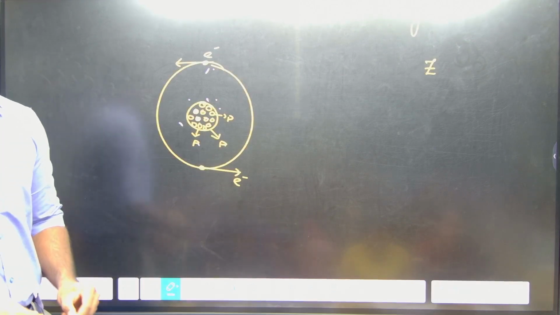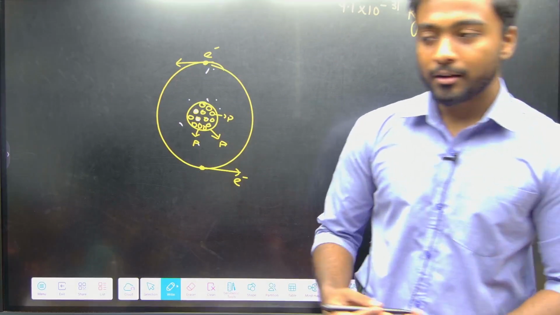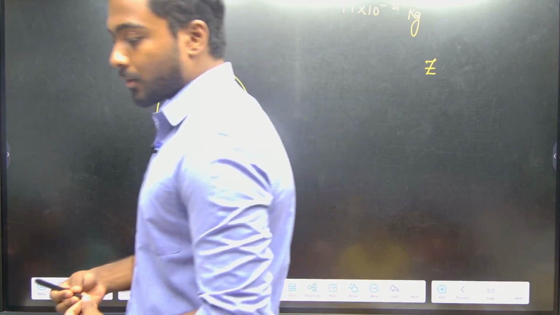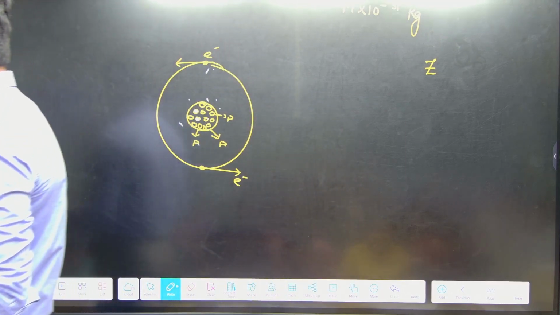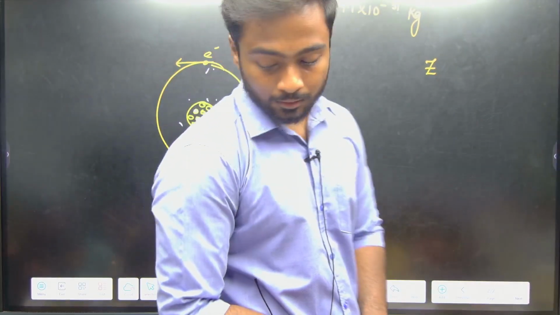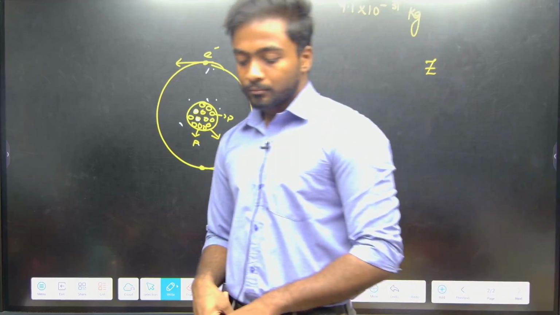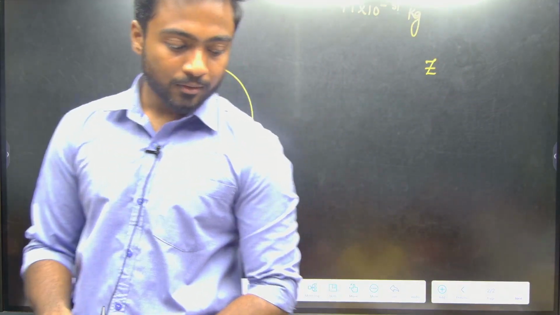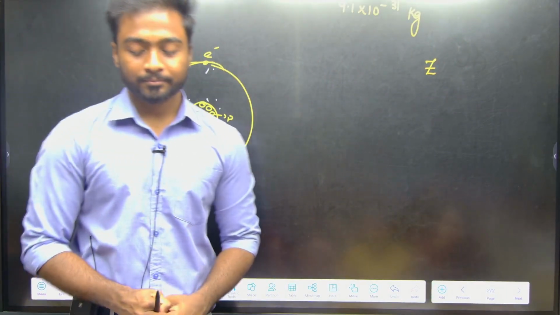Right on. Atom is electrically neutral, which means the number of electrons will be equal to number of protons.